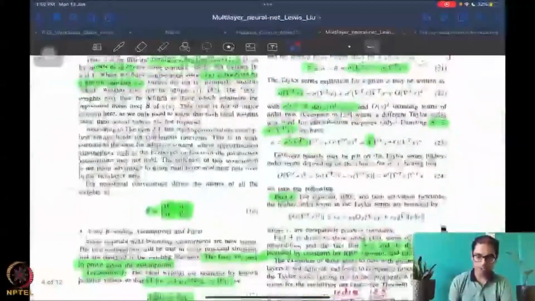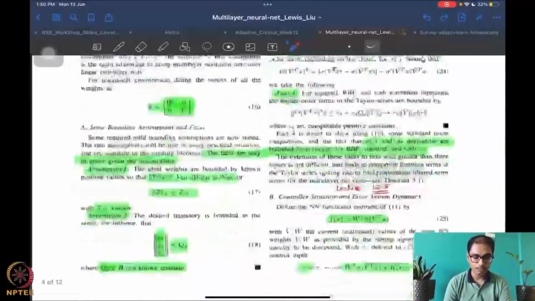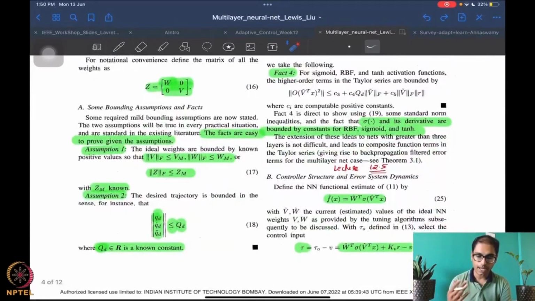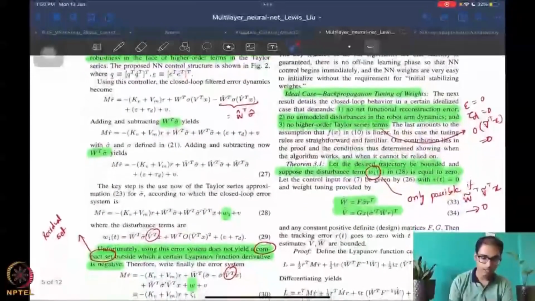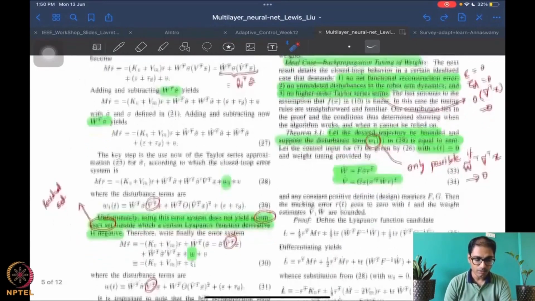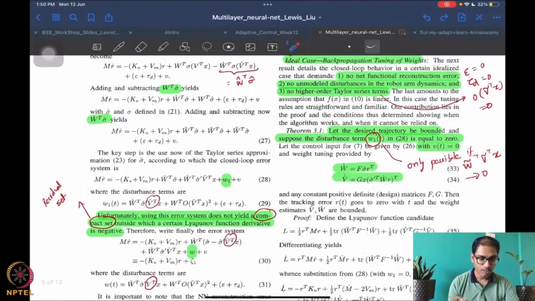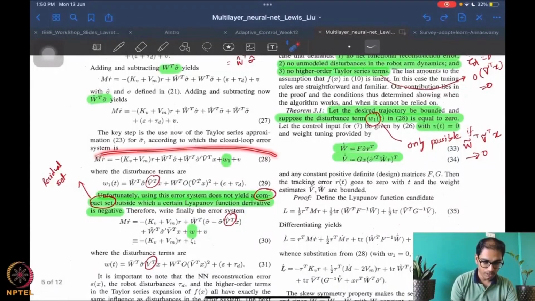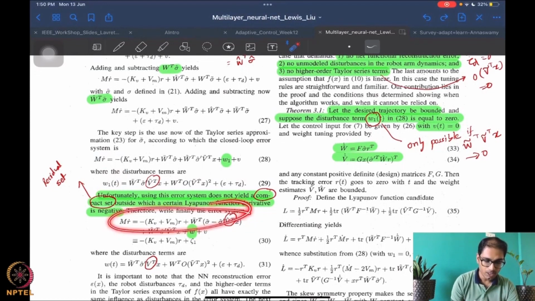And how the learning happens via the adaptive update laws is what we saw last time. We added a robustification term, and we wrote the dynamics in a rather nice way, either in the form of equation 28 with the disturbance terms W1, or in the form of equation 30 with disturbance terms labeled as W, right?